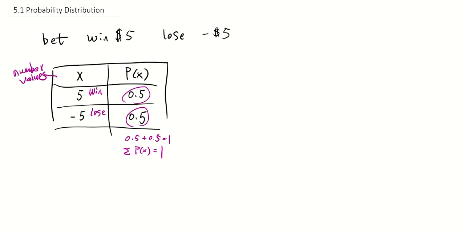And the third condition is that each P of X needs to be between 0 and 1. So that means each P of X must be a probability. A probability needs to be between 0 and 1, with 0 or 1 included.